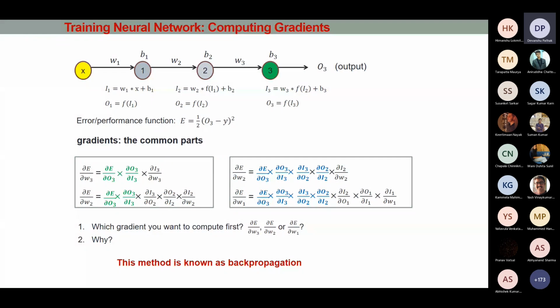So either the network won't learn, or even if it learns, it learns very, very slowly, which is basically of no use. That is precisely the reason the activation function should be chosen very carefully.